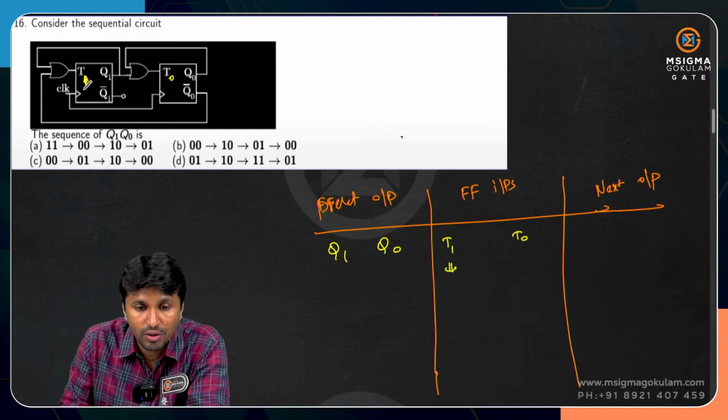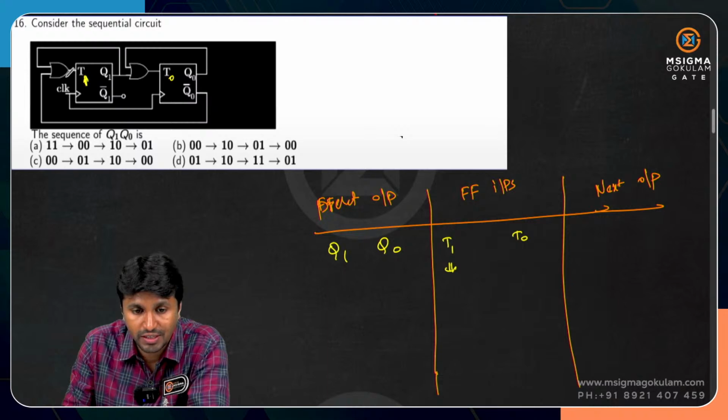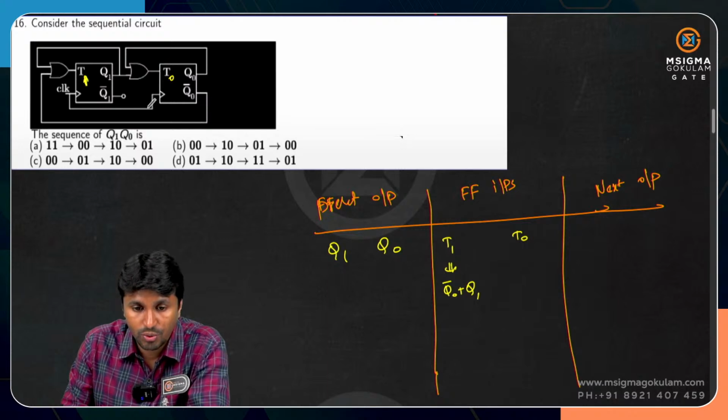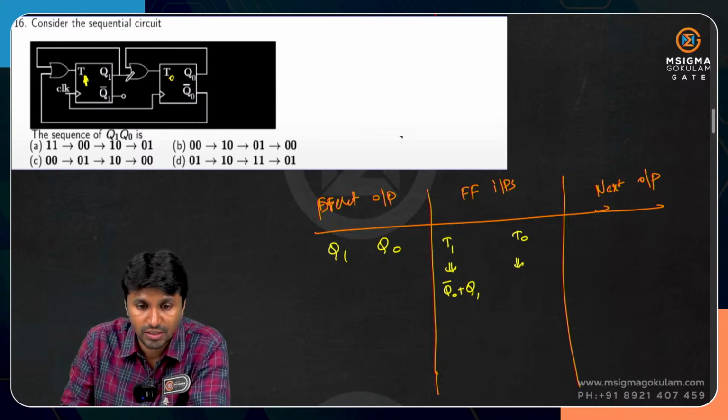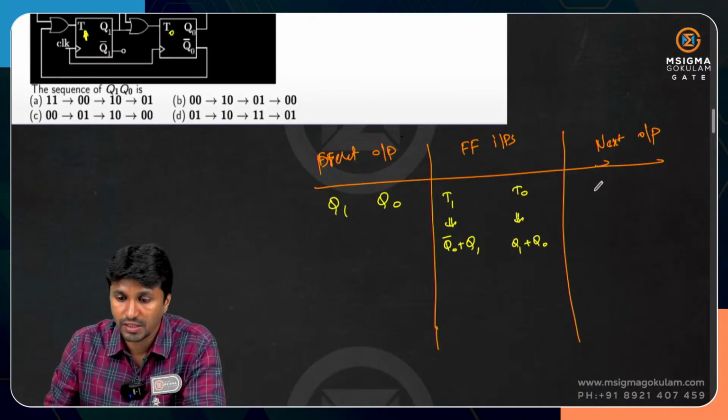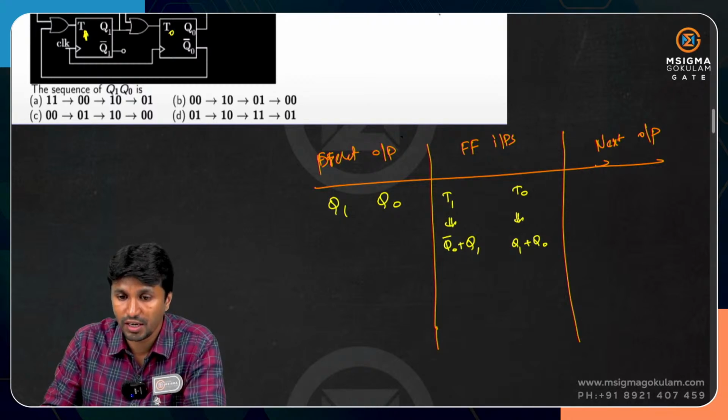The input to T1 is nothing but the OR operation between Q0 complement and Q1, right? And what about T0? T0 is the OR of Q1 and Q0, right? Then this is the next output, which I'll represent with a different color.